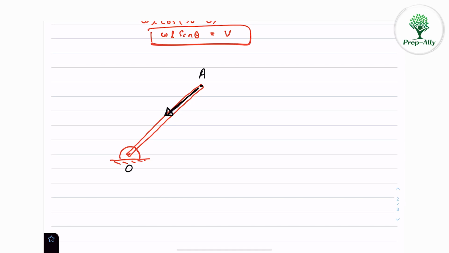One component is omega square times radius, the centripetal acceleration, which is towards the center, and the other is the tangential acceleration, which is r alpha. We have to calculate the total acceleration of A, so we need to calculate alpha also. Let us calculate alpha with tau equal to I alpha.